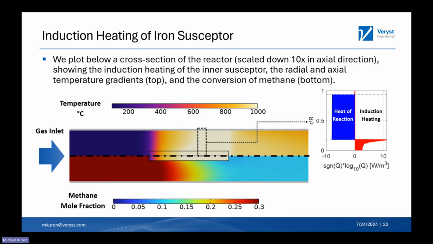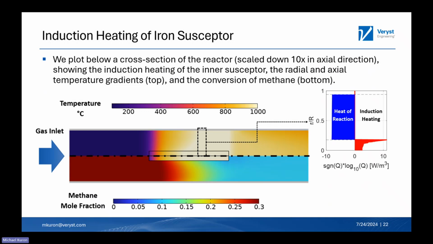We still, of course, have the axial gradient as we're heating just a portion of the system, but our radial gradients have been reduced quite dramatically. So we have a much more consistent, uniform temperature field in the bulk of the catalyst region, and the methane consumption is more efficient because of that.